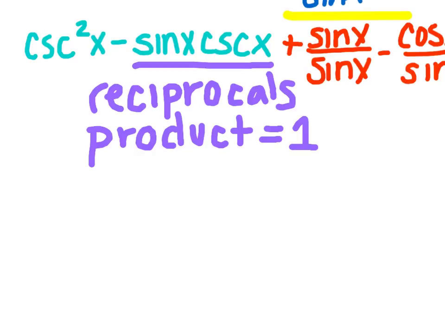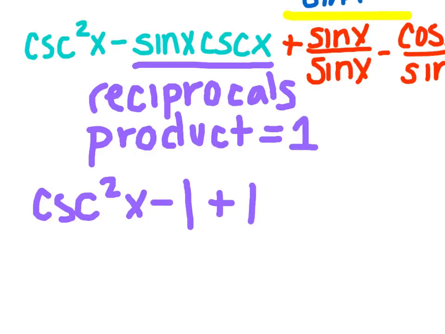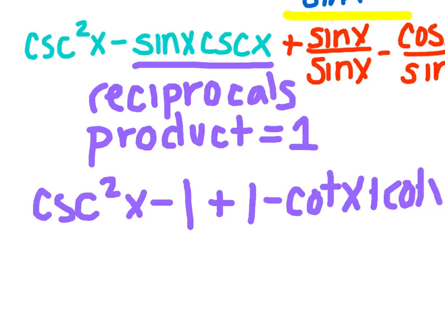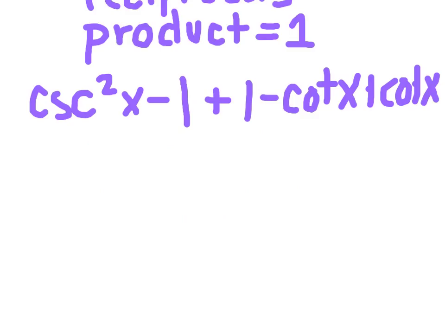If we did 3/4 times 4/3, we would get 1. So I'm going to think of this as cosecant squared minus 1. Sine over sine is equal to 1. Cosine over sine we know is equal to cotangent. And then I have that cotangent that's in the original problem as well.